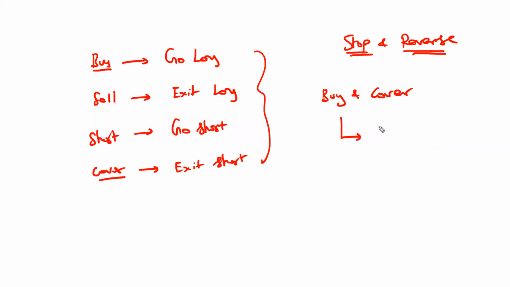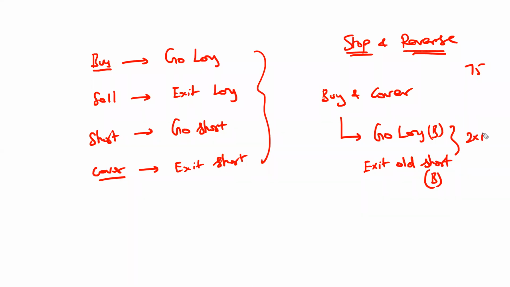We have to go long for the buy, and at the same time, we have to exit our old shorts. If you're already holding a short, you have to go and exit. So that means if your quantity is 75, here we have to buy, and to exit the short, again I have to buy. So it is 2 times the buy I have to do over here. That means 2 into 75, 150 quantity orders will be getting punched.